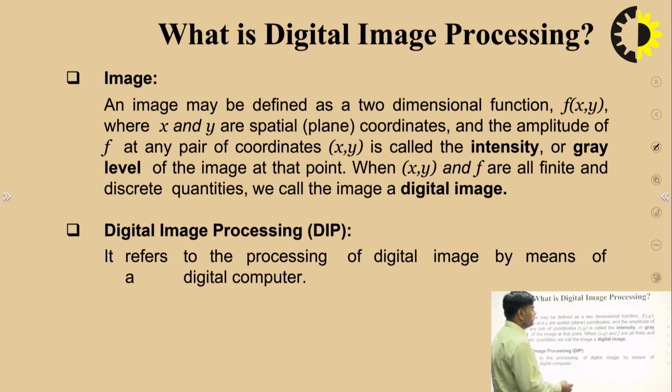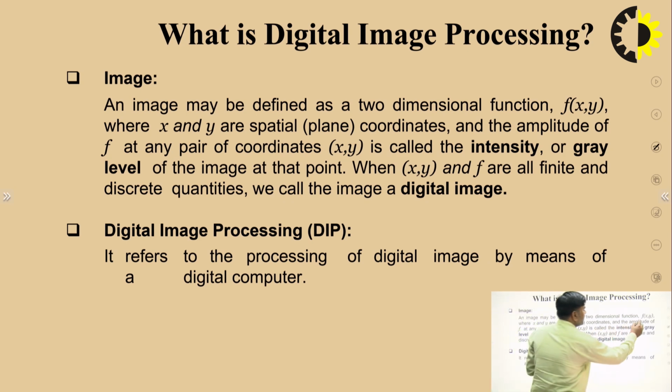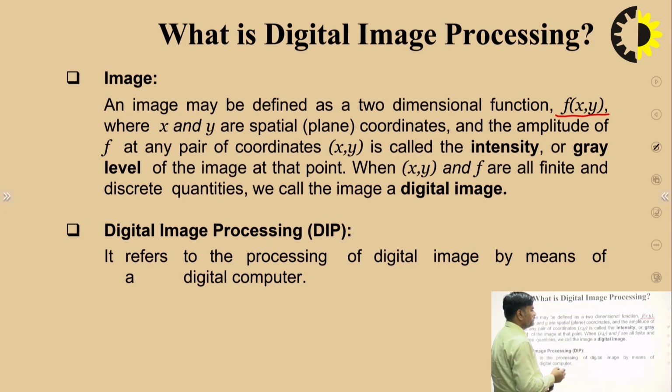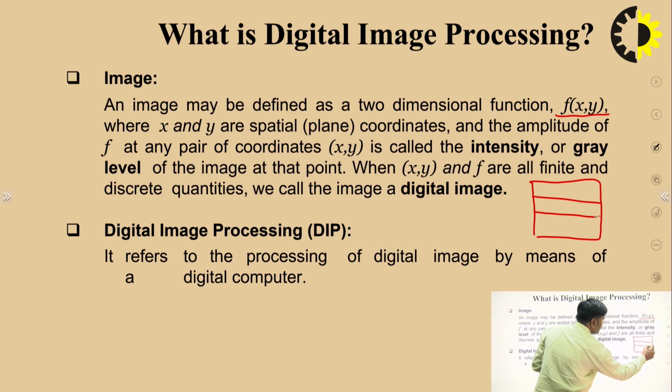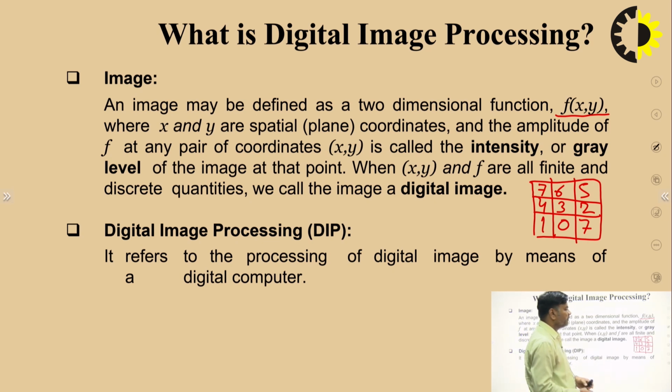As we said before, an image is a two-dimensional function f(x,y). Let's suppose this is a 3x3 image, with pixel values 7, 6, 5, 4, 3, 2, 1, 0, 7, and this is the intensity of each pixel.